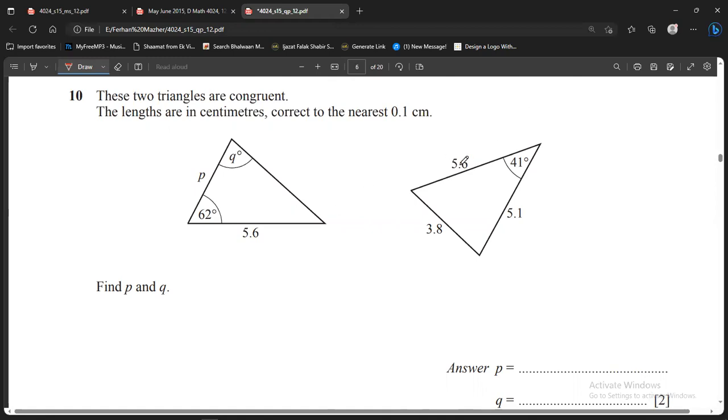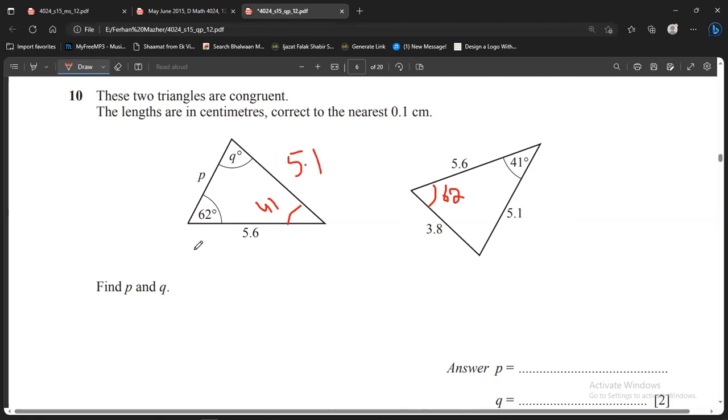Here you have 5.6. Here this angle is 41. So this angle will be also how much? 41. Okay. So this angle will be 62. And opposite to the 62, you will have 5.1 because they are congruent.